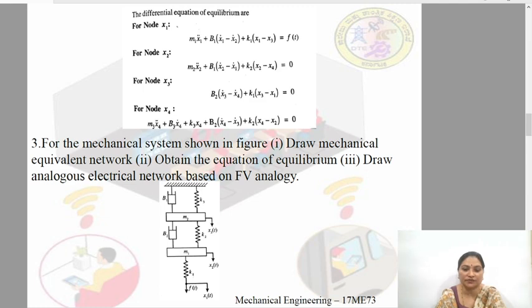Mass m2 is fixed by b1 and k3, and at the bottom of the mass m1 we have another spring to which the force f of t is applied, and the displacement is x1 of t. Now we shall go for the solution of this problem.